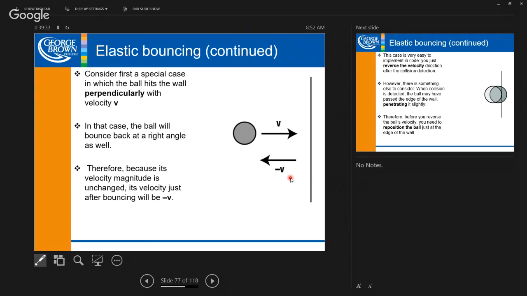Why? Because in a perfectly elastic collision, there's no energy loss. But that's not realistic, right? And in your assignment 3, part 1, it says you lose momentum. Even if you did this, you would lose momentum. Why? Because some of the energy would be, you would hear the ball hitting the wall. Perfectly elastic means there's no sound either, somehow, right? And there's no friction whatsoever.